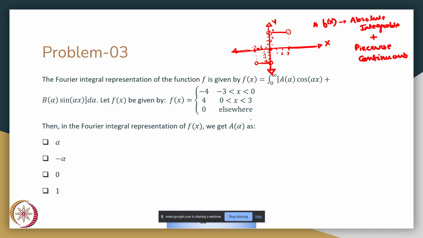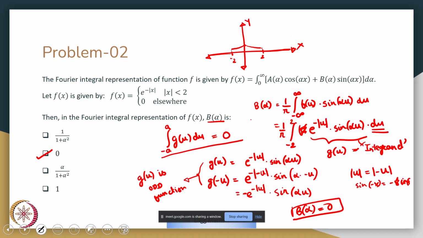We could have looked at this in the case of the previous example as well. You can see again here also that it's piecewise continuous and also absolutely integrable, meaning that the shaded area is bounded.